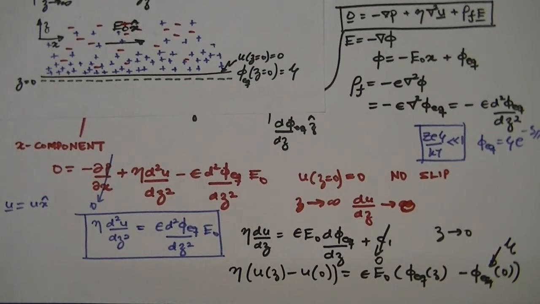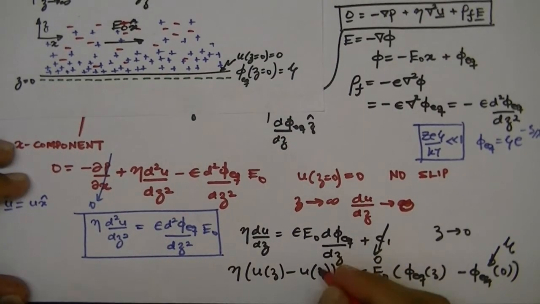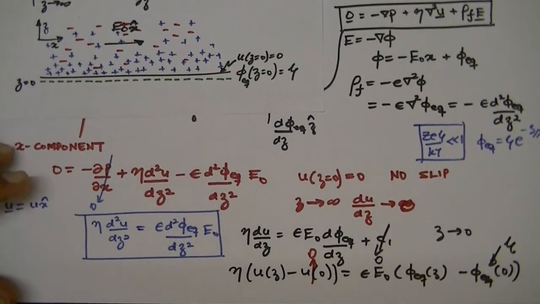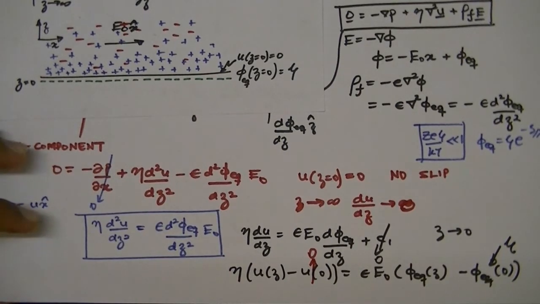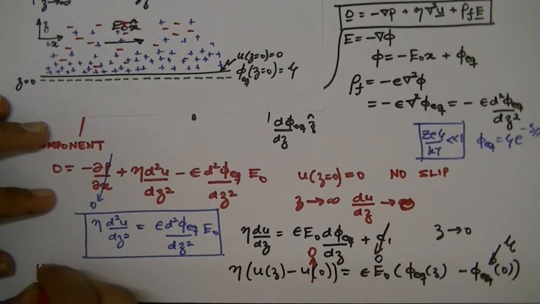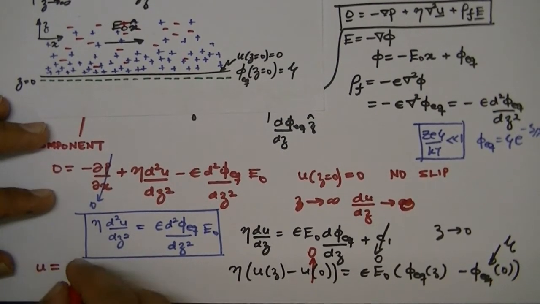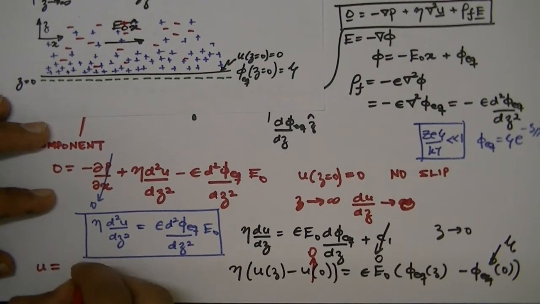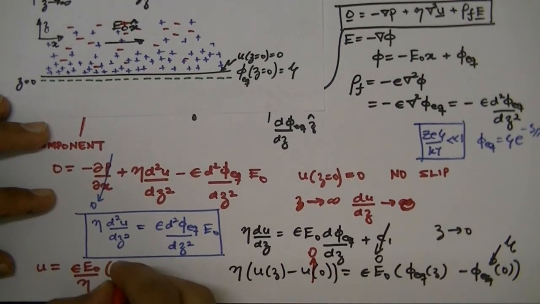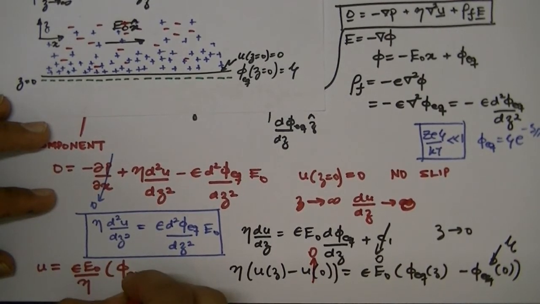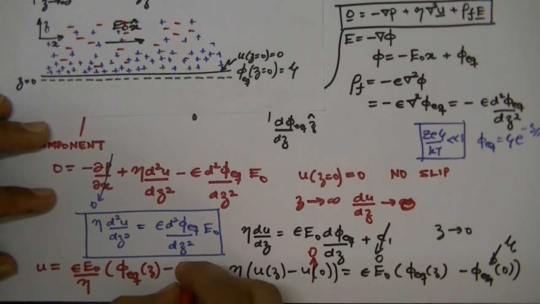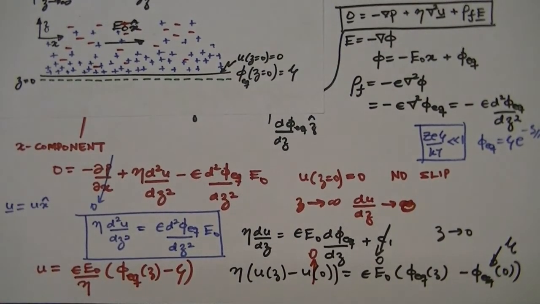And another thing is that at z equals 0, we have the no-slip boundary condition, so u at z equals 0 is 0. Simplifying this relation, we get the solution to this problem, and that is given by epsilon E naught over eta, which is the viscosity, times phi equilibrium, which is a function of z, minus the zeta potential.